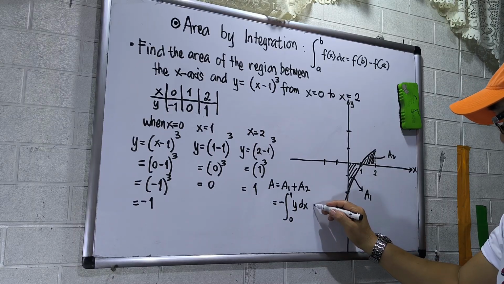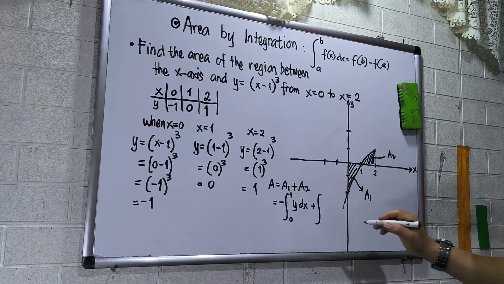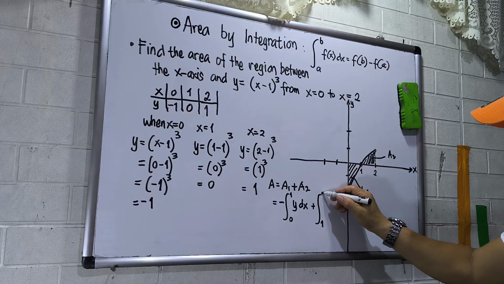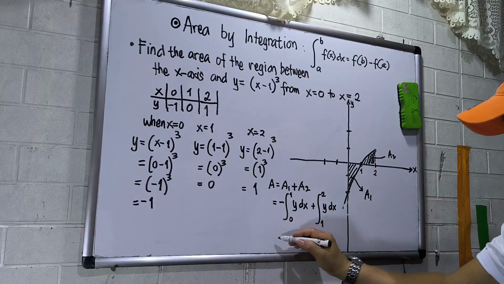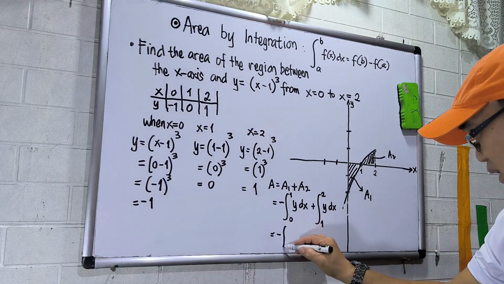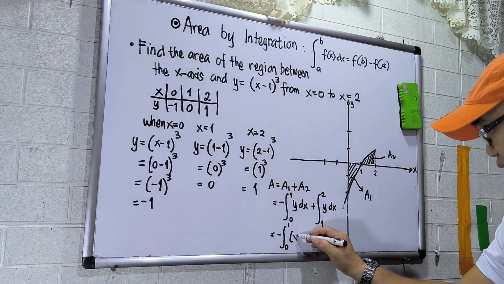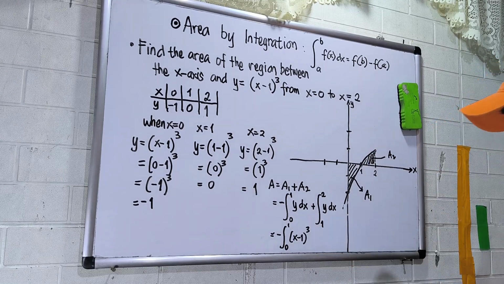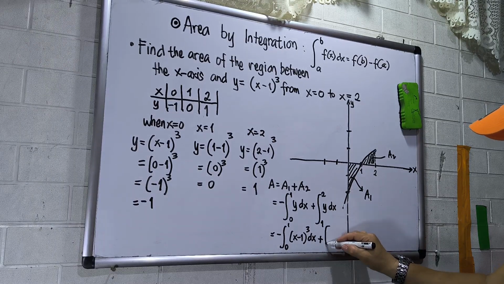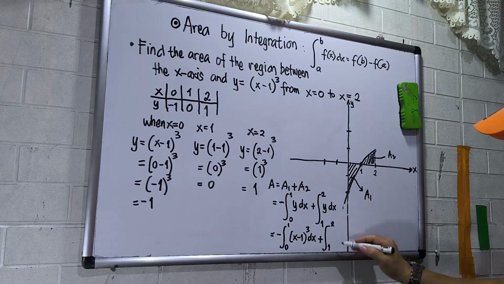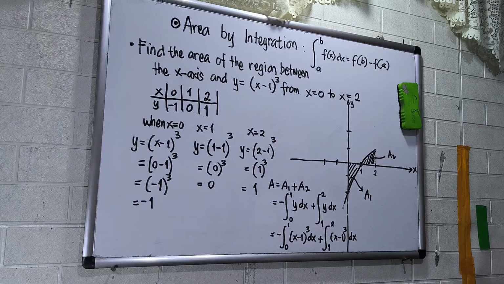Then, since this is above, so meaning plus the integral from 1 to 2 of y dx. Plugging in the value of y, this will be negative integral from 0 to 1 of (x minus 1) to the third power dx, plus integral from 1 to 2 of (x minus 1) to the power of 3 dx.